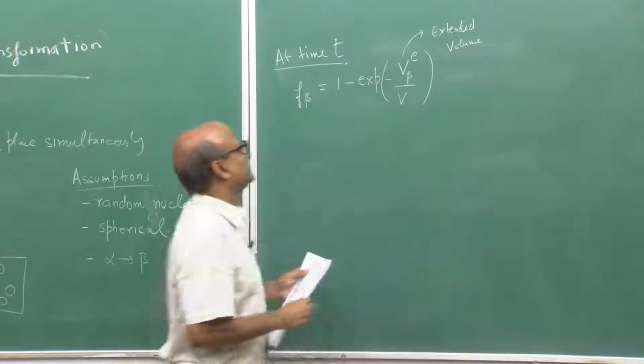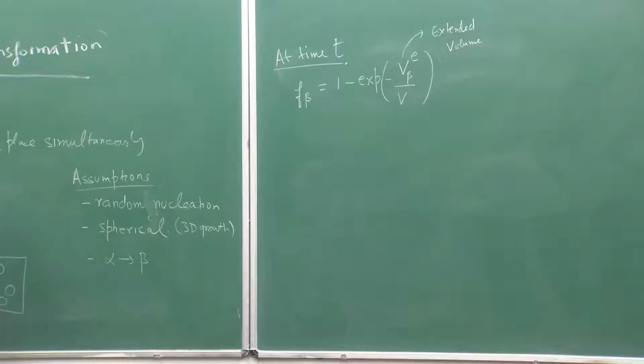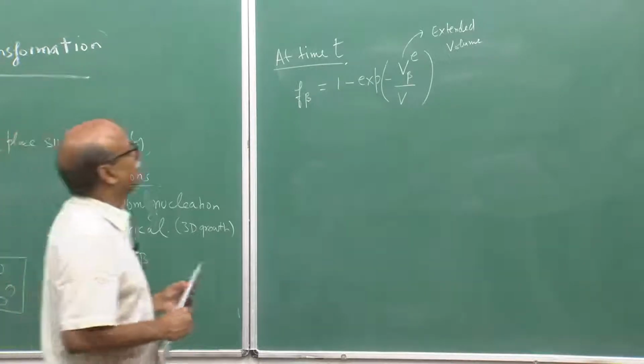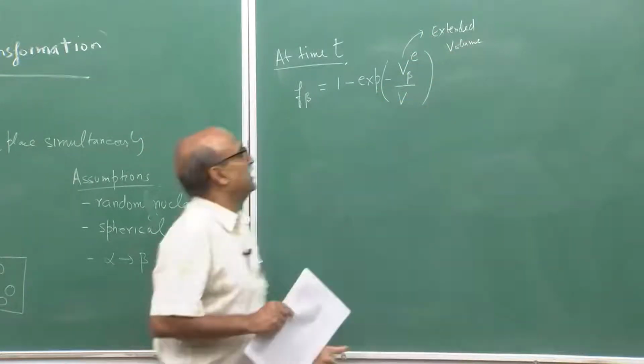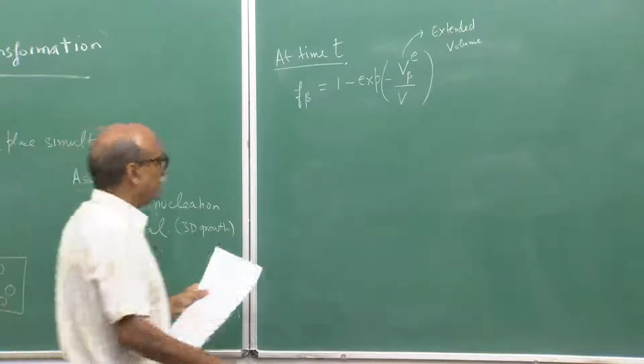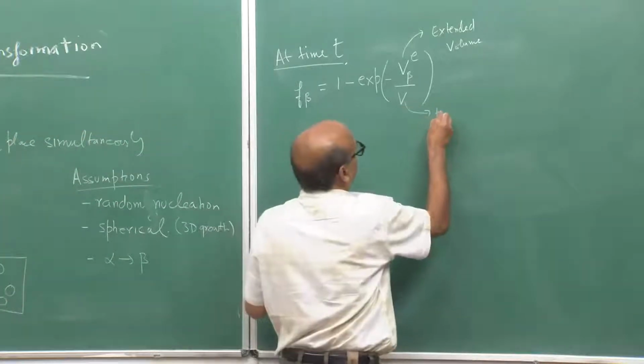For a review of this, you can go back to my lectures in part 1 of this course, in which each of these terms and the extended volume in particular is dealt with in detail. And V is the total volume.